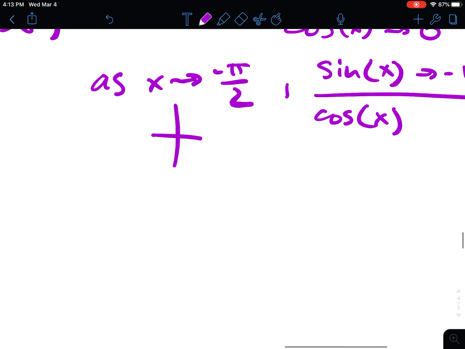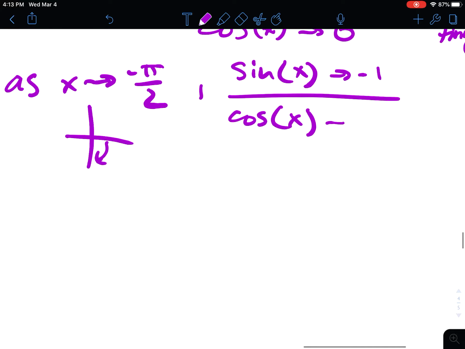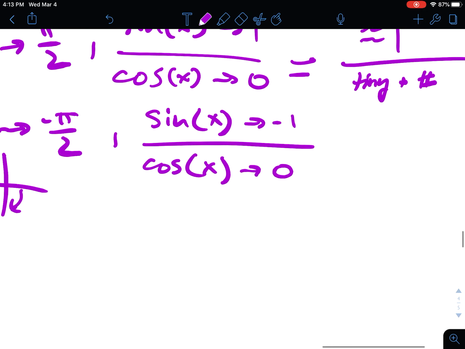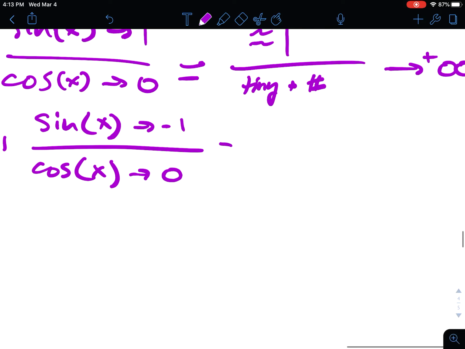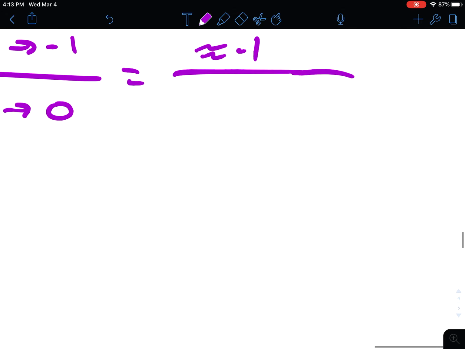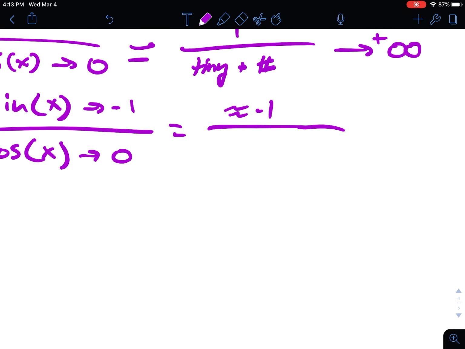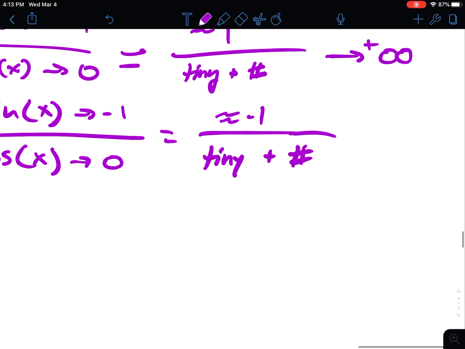Well, negative pi over 2 is down here. And so cosine of x is still approaching 0 from the positive side. So now we have something that is approximately negative 1 divided by a tiny positive number.